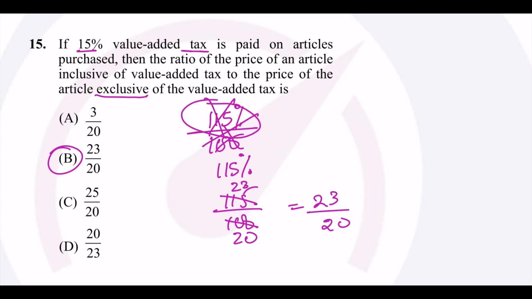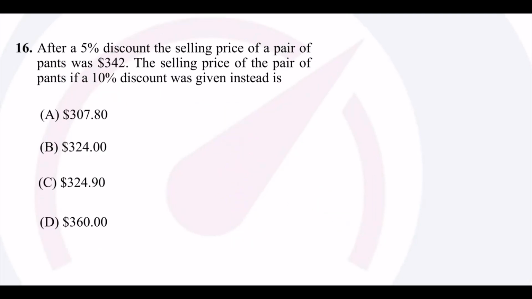Alright? Question 16 now. Question 16. After 5% discount, the selling price of a pair of pants is $342. The selling price of the pair of pants, if a 10% discount was given instead is, now there are many ways.